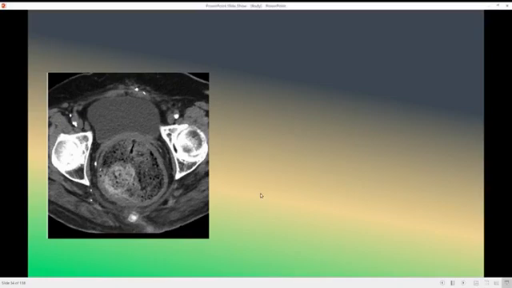What do you think about this case? Okay. As we see here, the patient has fecal impaction, and this is the rectum filled with stool with a thick wall, and this is fecal impaction.